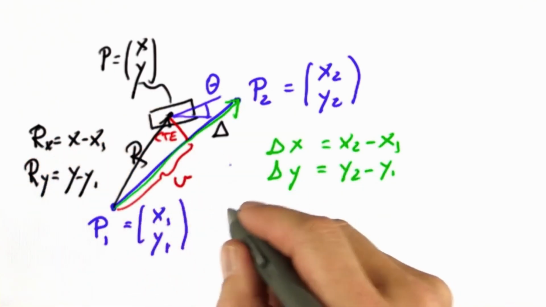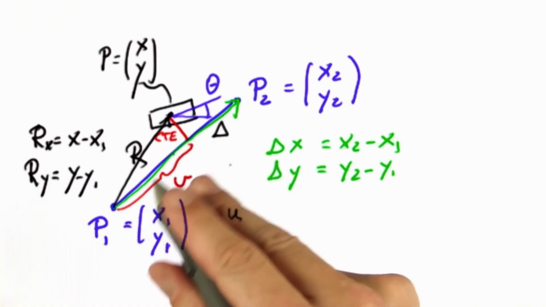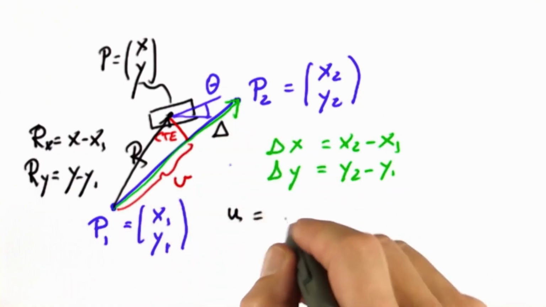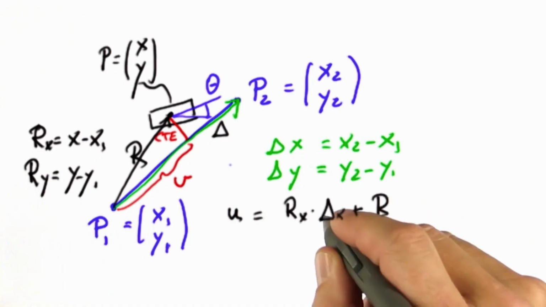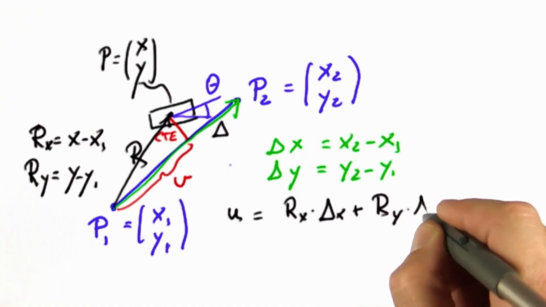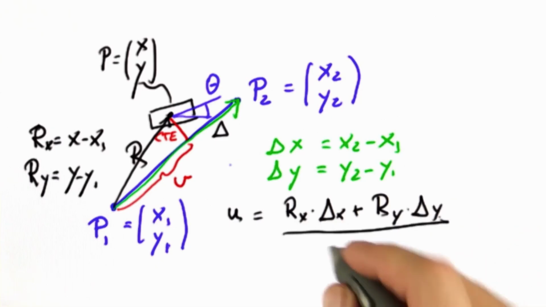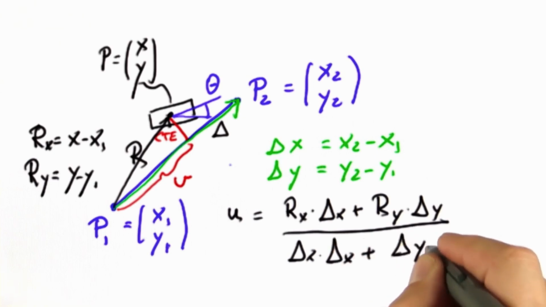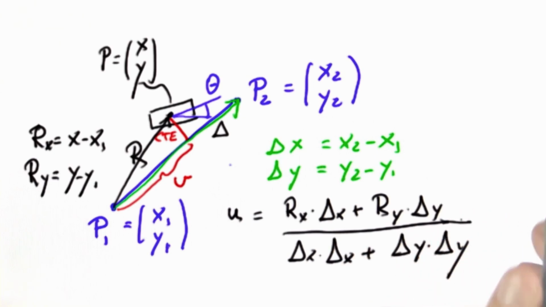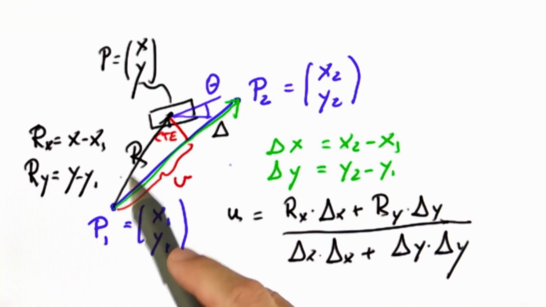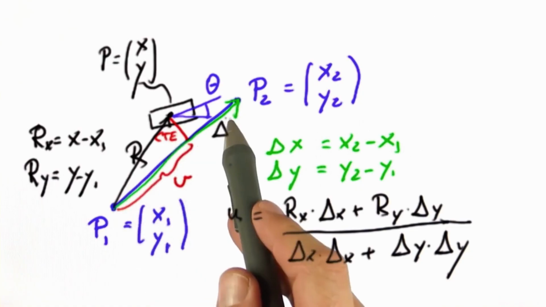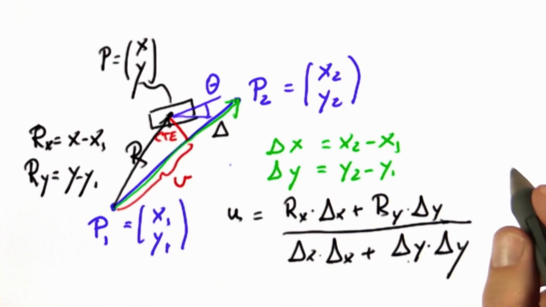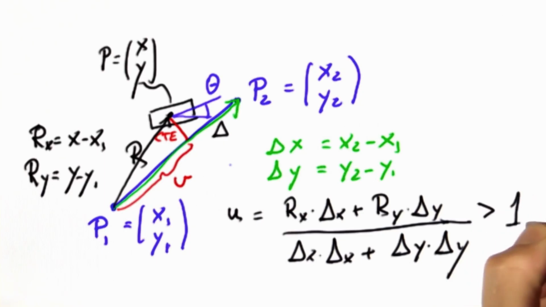Then u, the ratio of how far we've progressed along the segment, is given by the dot product: rx times delta x plus ry times delta y, divided over the sum of squares, delta x times delta x plus delta y times delta y. Why? Well, this normalizes the vector length to 1, and this is the dot product of this vector over here and the green vector, which happens to define the distance. So if this is larger than 1, we know we've left the segment. It's time to move on to the next one.